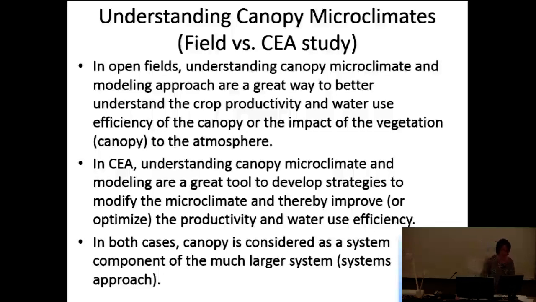In both cases, it's very important to understand the system with its subsystems. In our case, the canopy is a system, and subsystems could be single leaves. Or the system could be the greenhouse, and subsystems are canopy and single leaves. So system understanding is what we are doing.